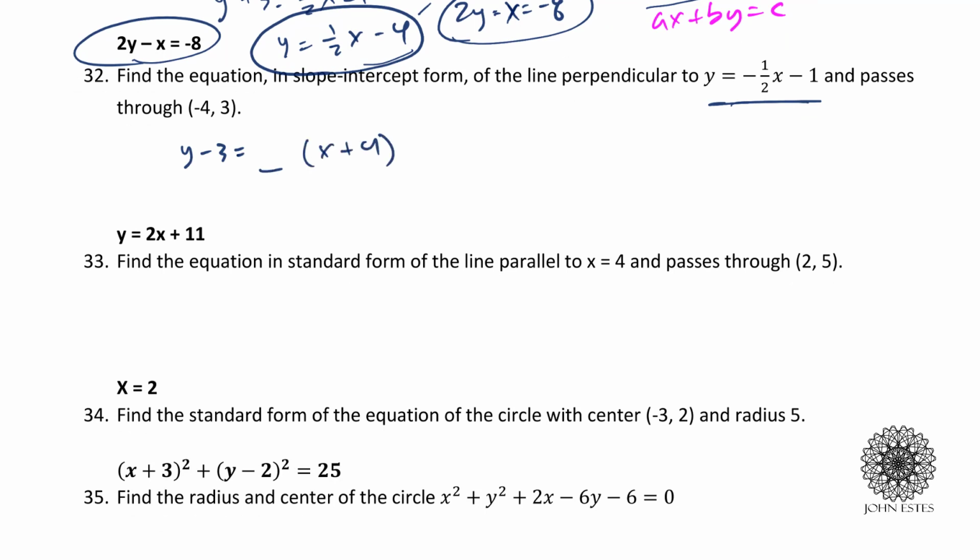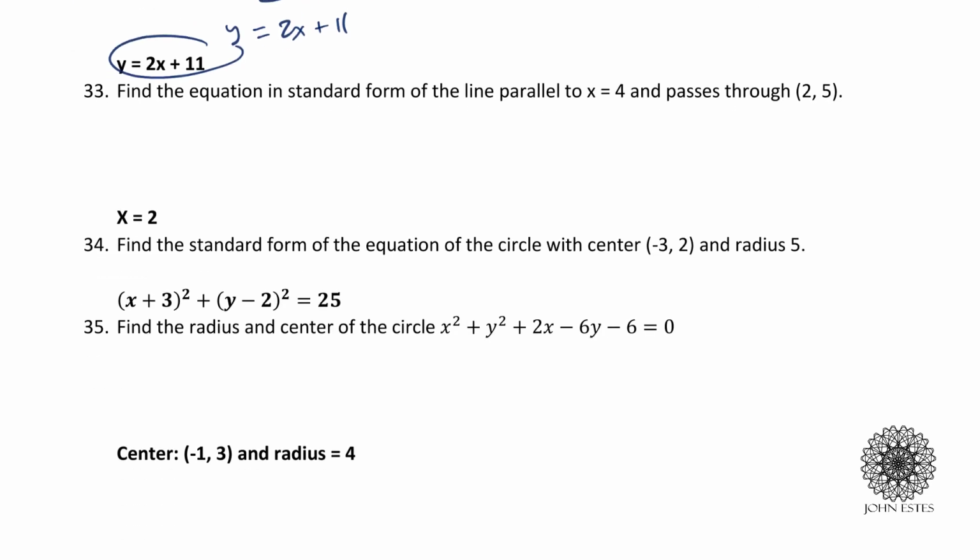Now my slope comes from this clue, perpendicular. Perpendicular lines have negative reciprocal slopes. So the slope of this guy is going to be the negative reciprocal of negative 1/2, which would be 2. So then now I have to solve, and as you do the arithmetic, you'll see that you get 2x plus 8, you add 3, that's 11, and there it is.